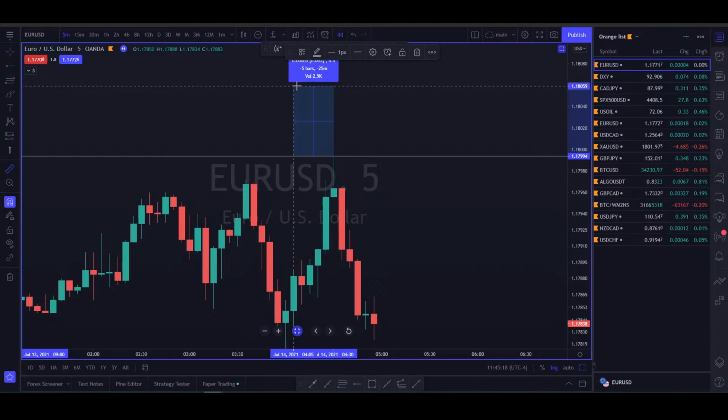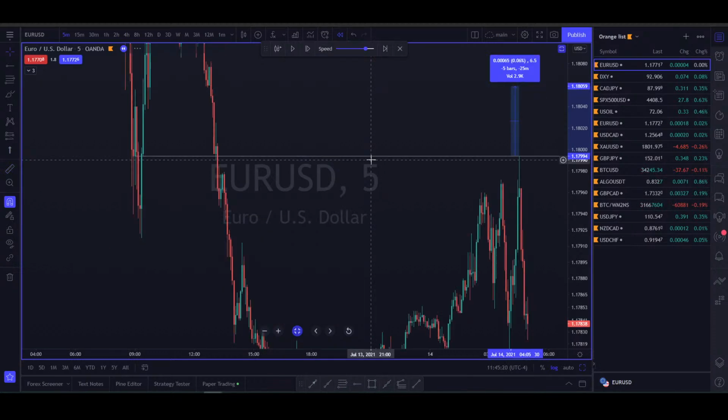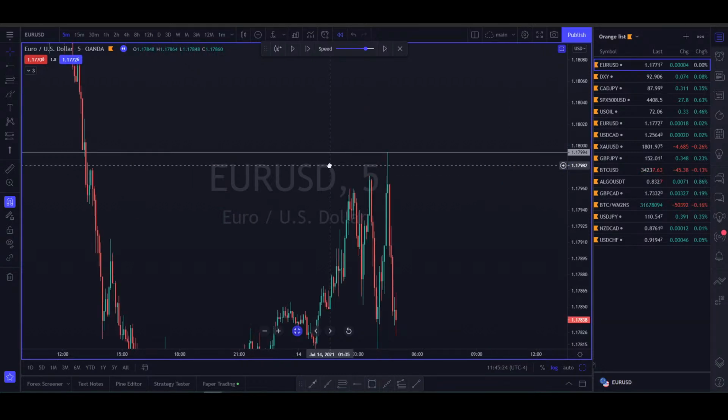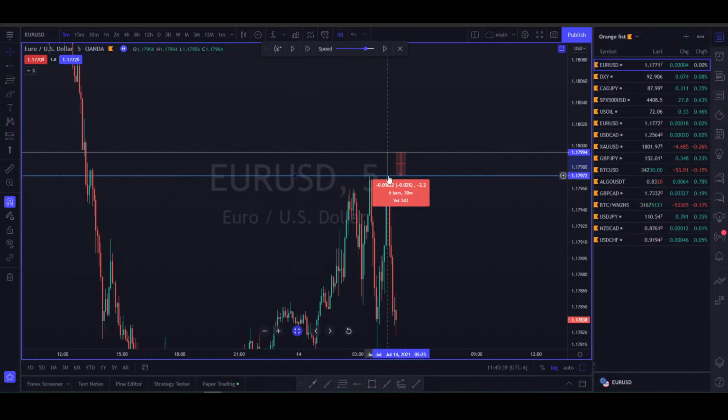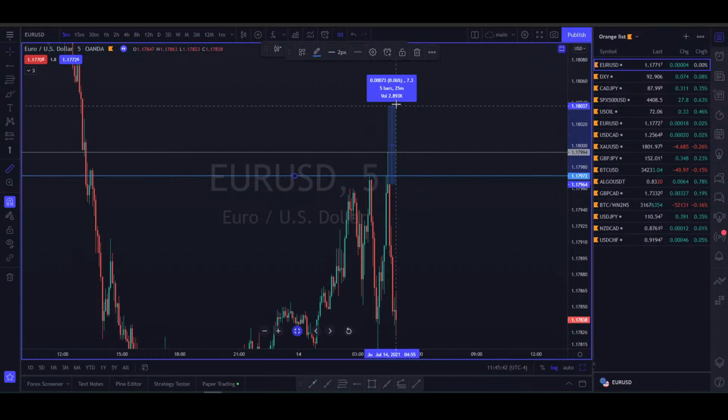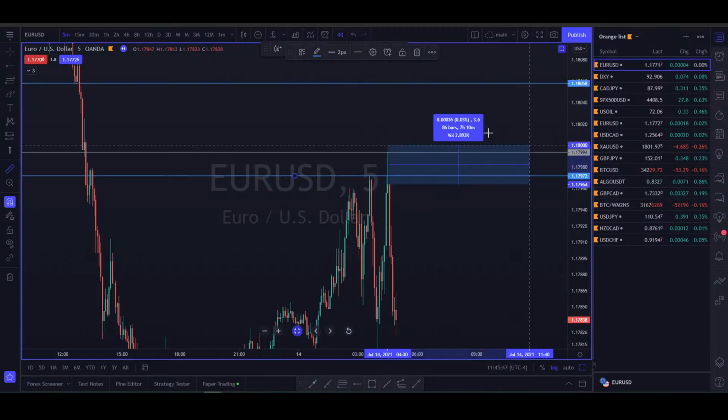So in a situation like that, I may just use a 5 pip stop. So your entry is going to have to be 2 pips lower than that. So your entry would have been right about there. We'll Alt H us an entry level. That's your entry. Stop gets counted from your entry. 10 pips. Alt H. That's your entry.